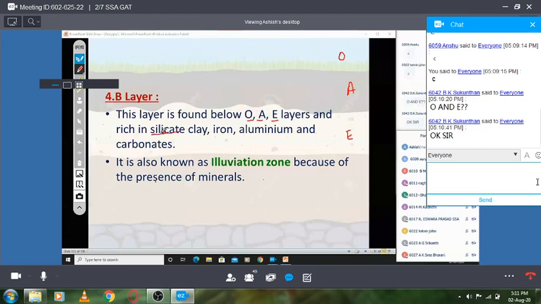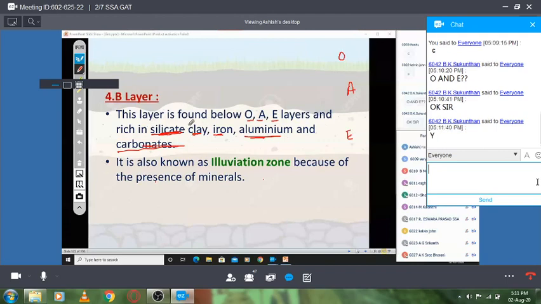It is rich in silicate clay, iron, aluminum, and carbonates.